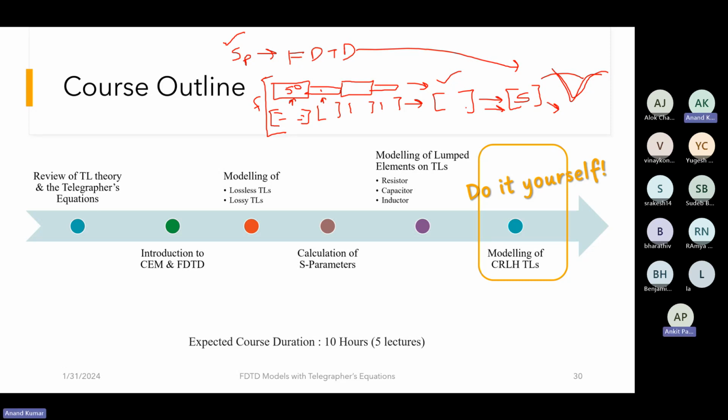It seems tough maybe because I'm not explaining this very clearly, but it's rather very simple, and you don't actually have to care about the voltage and current expressions. They won't be involved. Calculating S parameters from ABCD parameters is pretty much straightforward if you know the impedance and the length values.